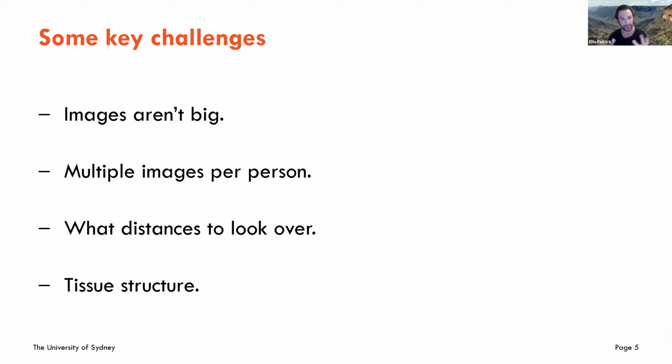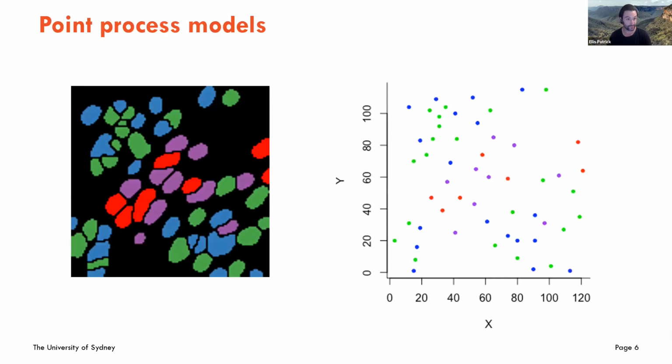Sometimes you want to look at really close cell interactions, and sometimes you might be interested in things that are slightly more distant, cells traveling to certain areas. And then tissue tends to have structure. This structure can change from image to image and person to person, and sometimes this can confound the conclusions that you want to make. This was something else that we saw as a challenge.